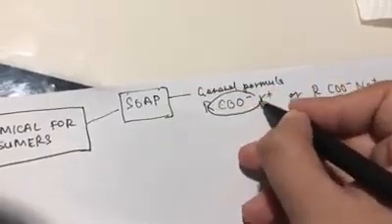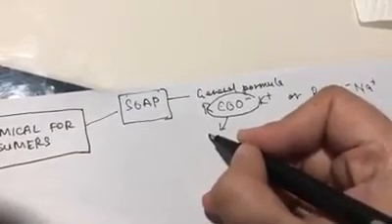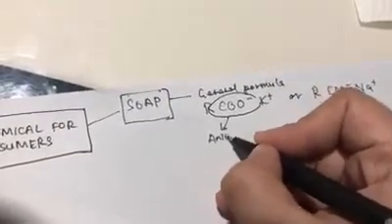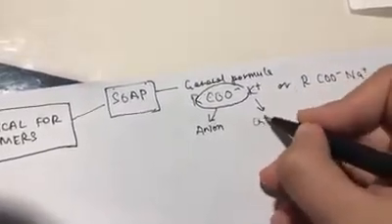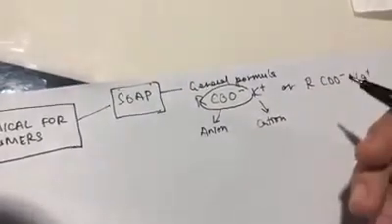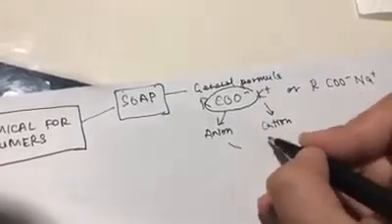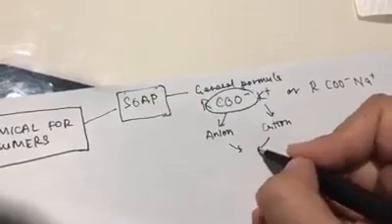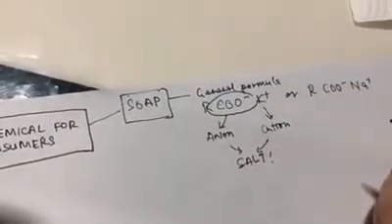So this is the anion part, and this is the cation part. So the mixture of two of these actually makes soap a salt component.